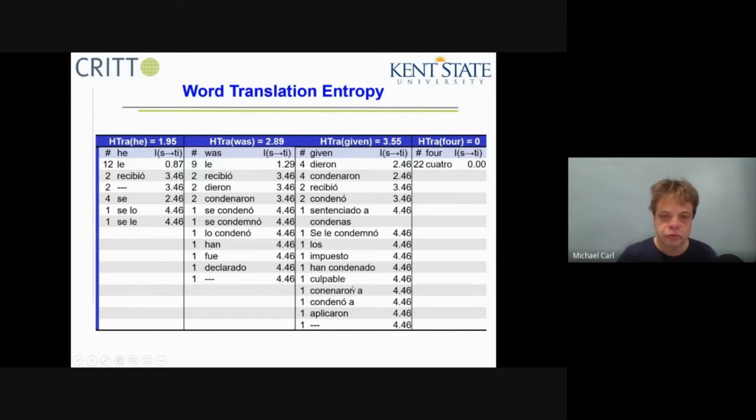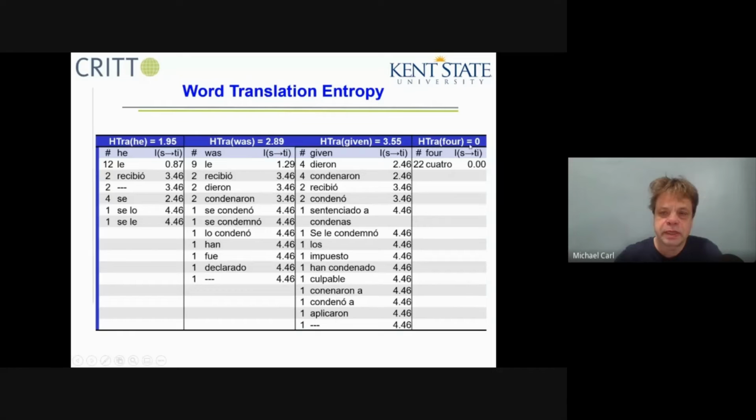From this distribution, we can compute probabilities, information values, and entropy values, which would be given here as H star. These entropy values indicate the ambiguity, or the flatness or peakness, of this distribution.